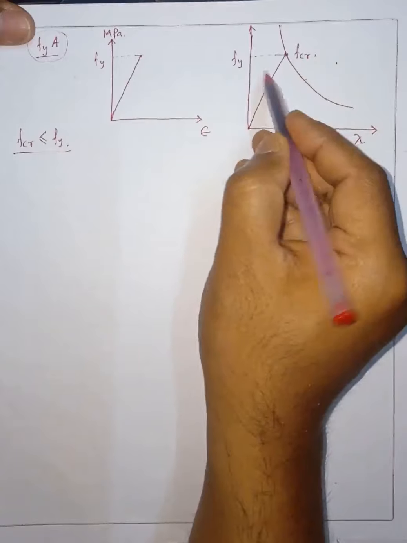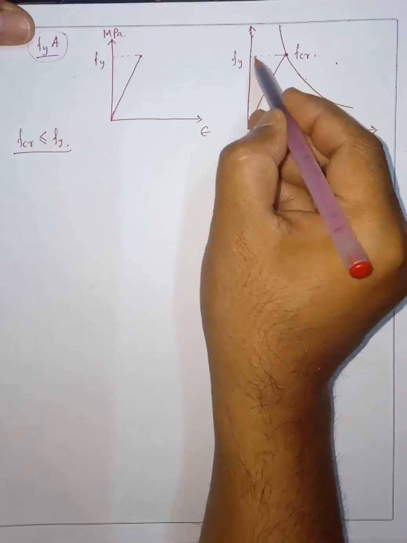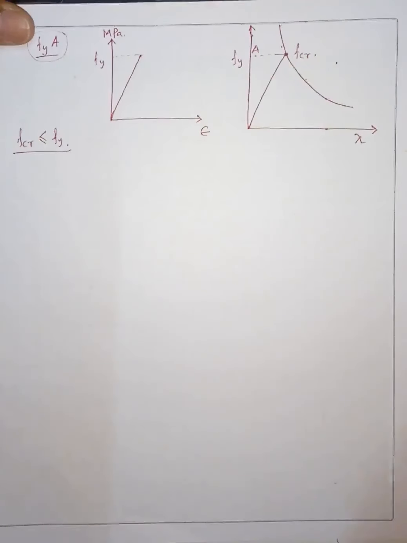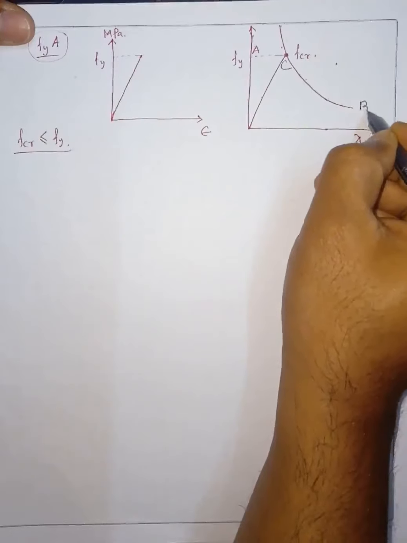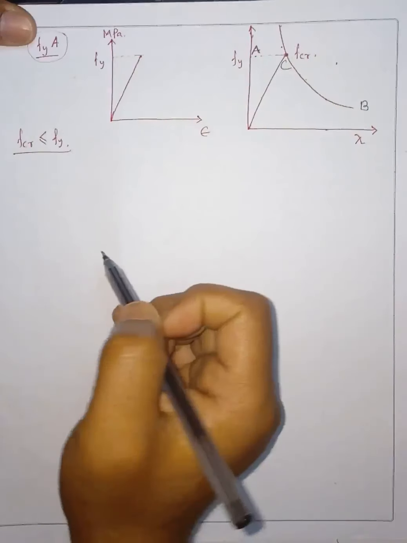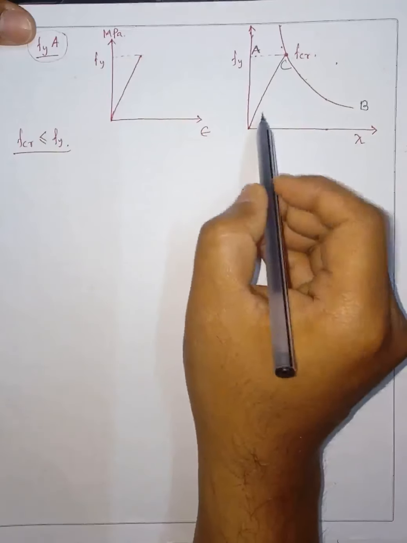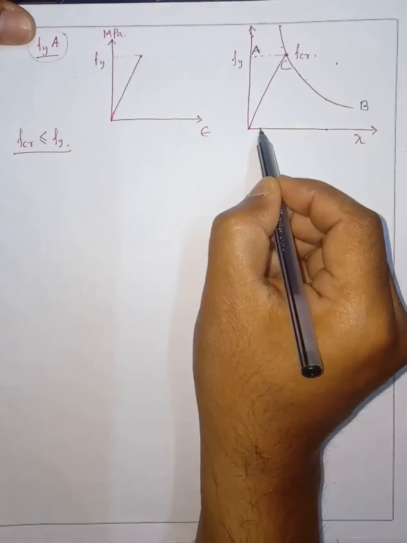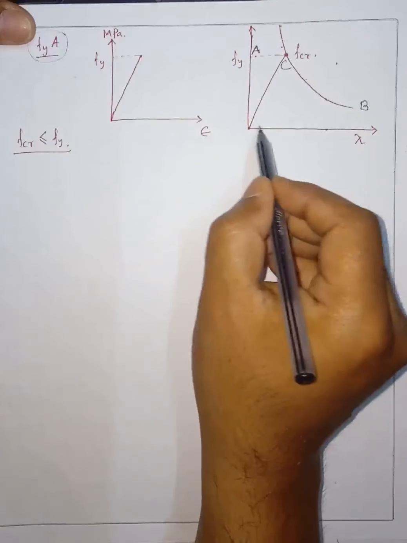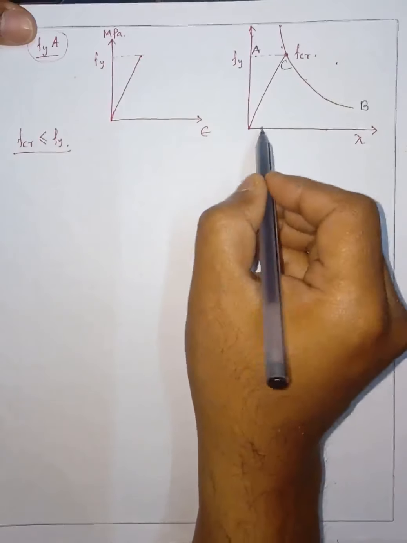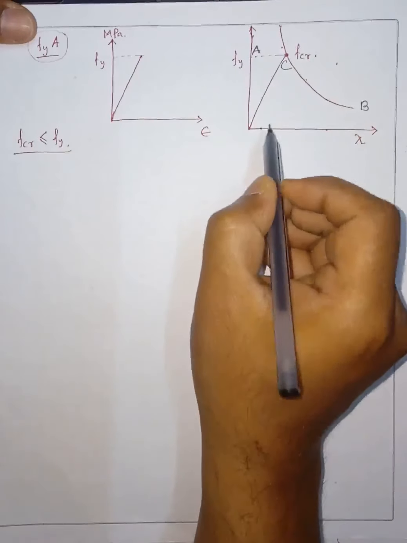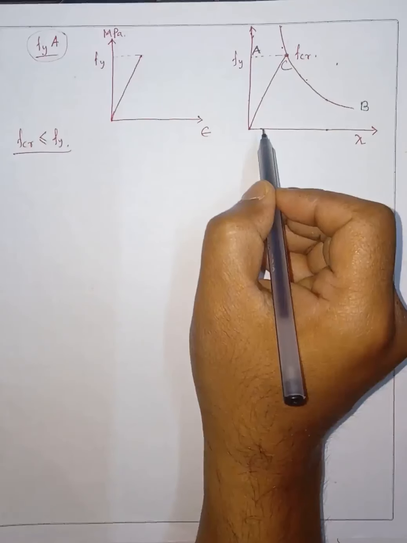Let us give it a name, that is A. Then let it be C, and it is B. So A, C, B. What we can say is, when the slenderness number lambda is very less, suppose here, where this axis represents the slenderness number, that means it is not a slender member.